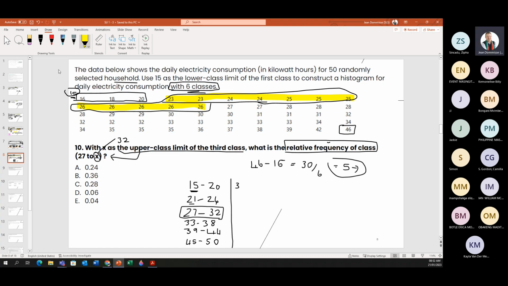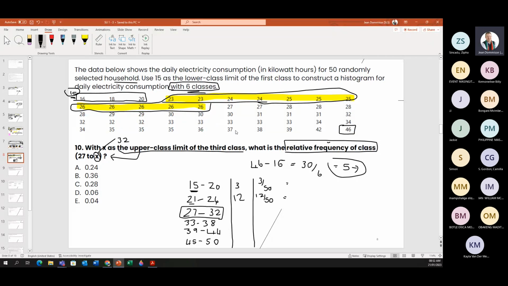Just want to make sure I count correctly here. 3, 4, 5, 6, 7, 8, 9, 10, 11, 12. Remember, do that, because that will be your relative frequency.